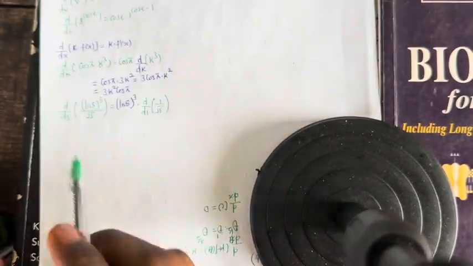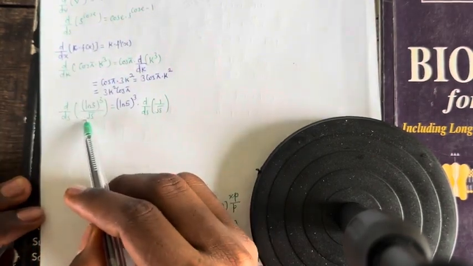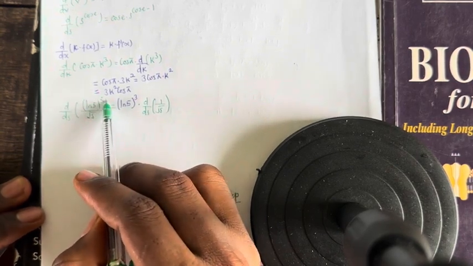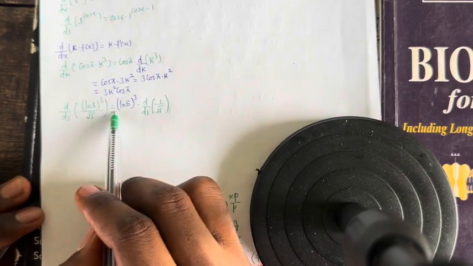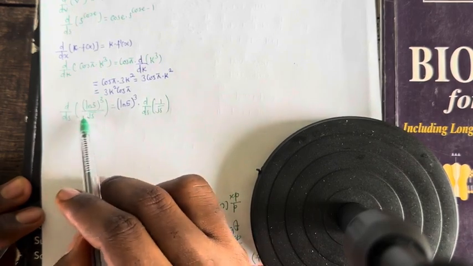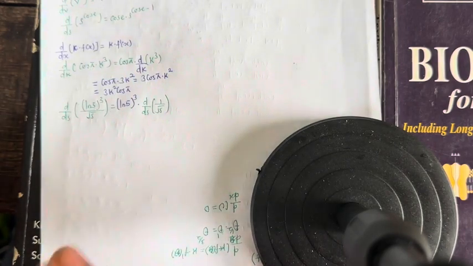Do you get? So that is basically what this law is saying. The real function here is 1 over root s. The constant here is ln 5 all to the 3. So this will be equal to ln 5 all to the 3 multiplied by the derivative of 1 over root s. That's basically what this law is saying.